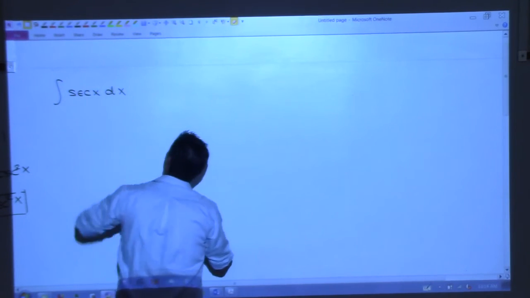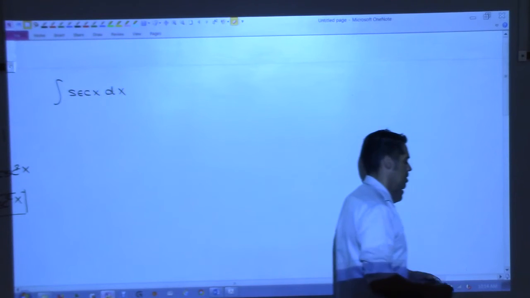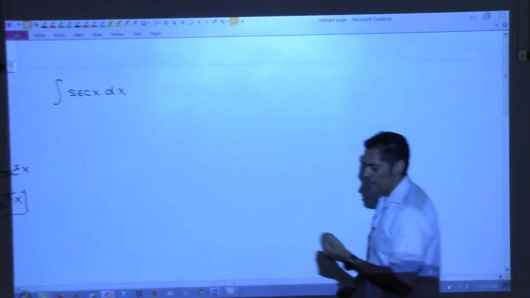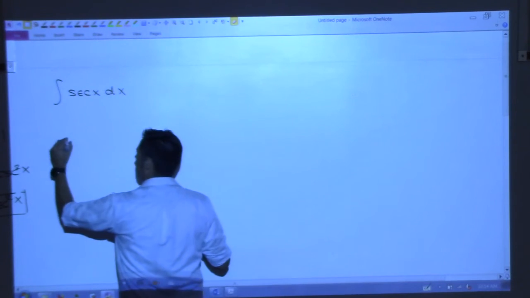Let's play with this one for a little while. This is in your formula sheet, but let's not even think about that right now. Any ideas? 1 over cosine x? That seems legitimate. We just did that with tangent, didn't we?